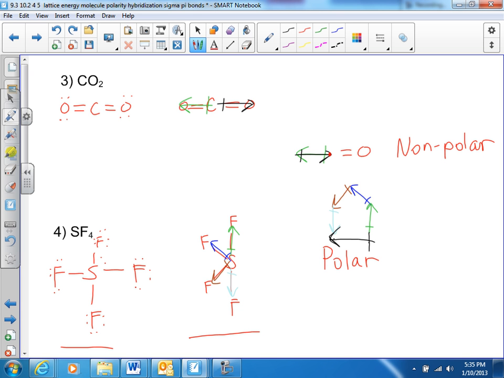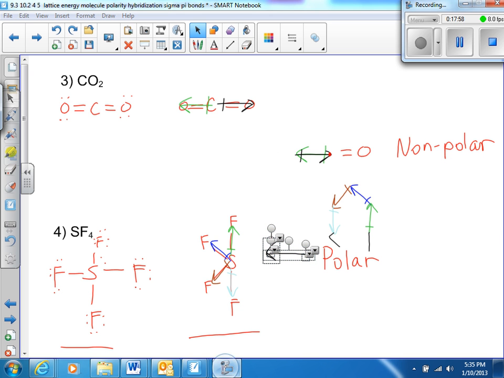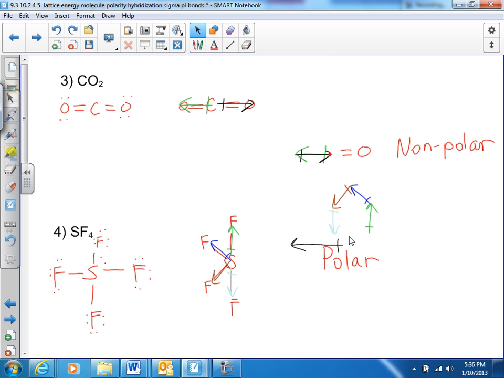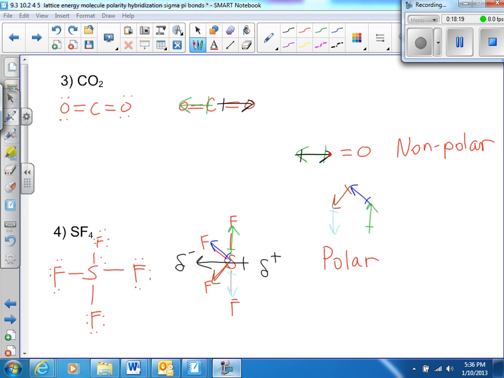And I take that vector and I put it right on my original molecule directly through the original central atom. And I show my delta plus and my delta minus. And there you have it.